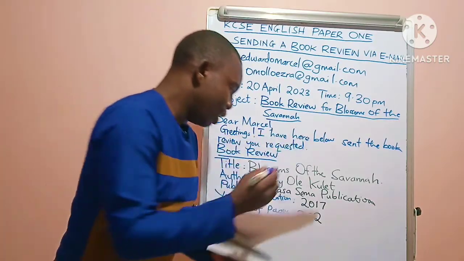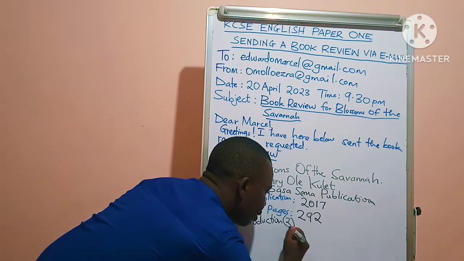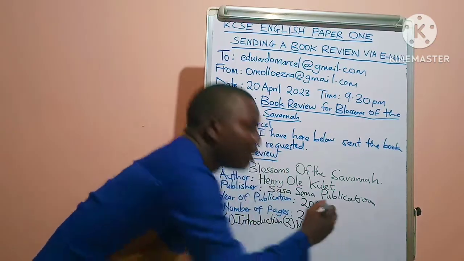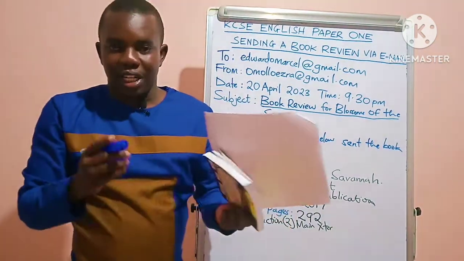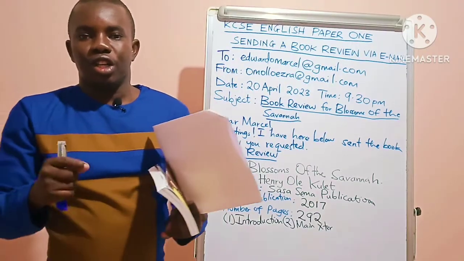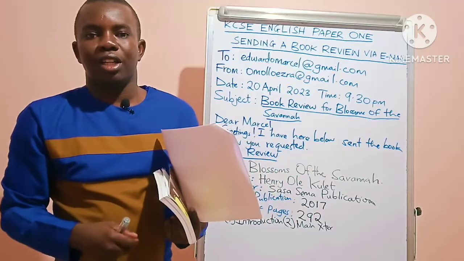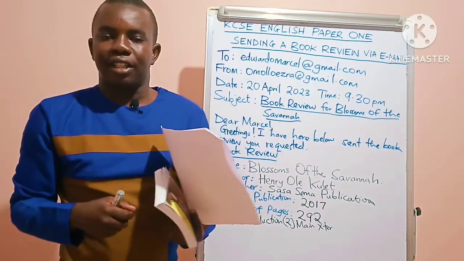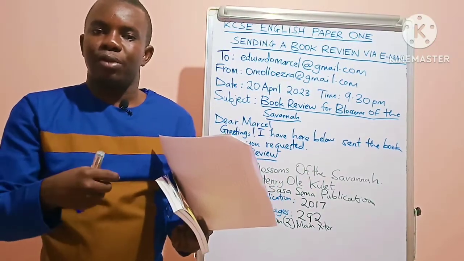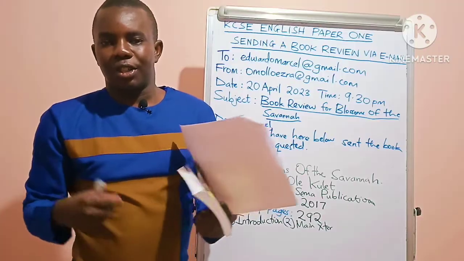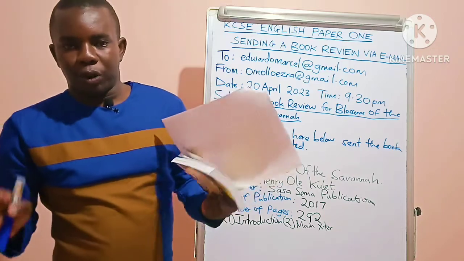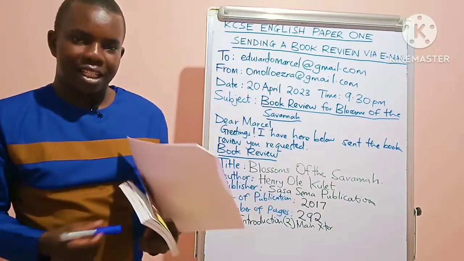Then number 2, you can talk about the main character. And the main character in that text is Resian. Resian, with the help of a few, faces head-on some of the barbaric traditions that have been entrenched into the Maa culture to relegate women and to treat them as second-class citizens.